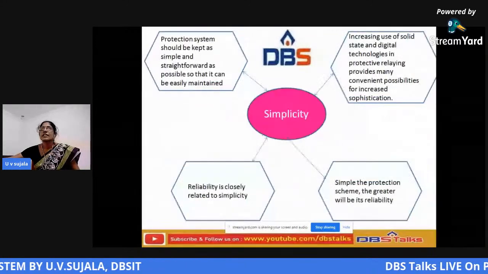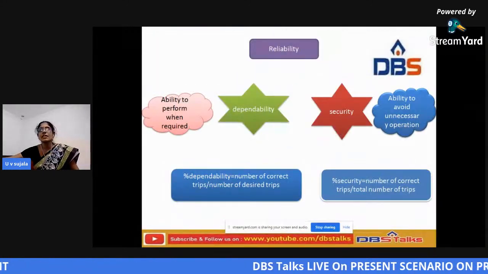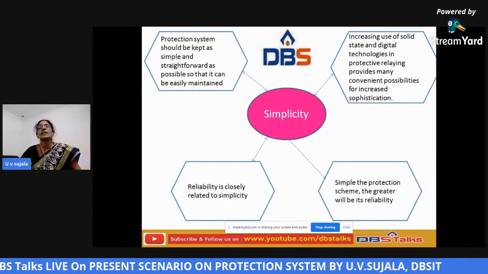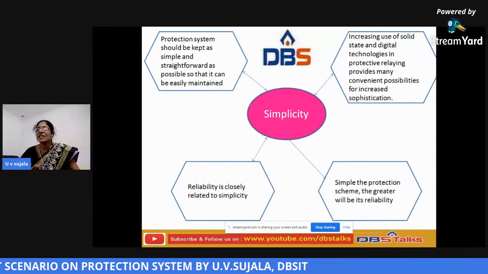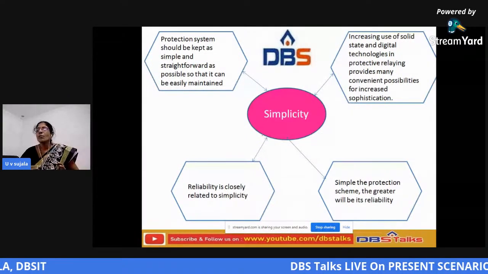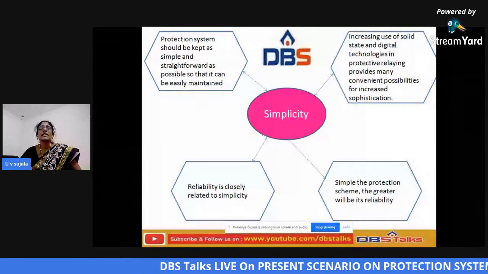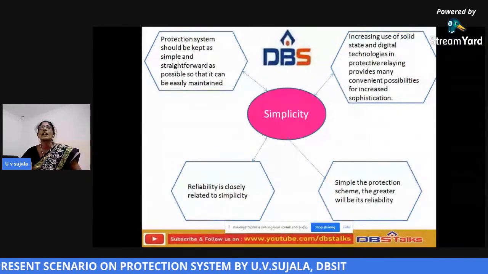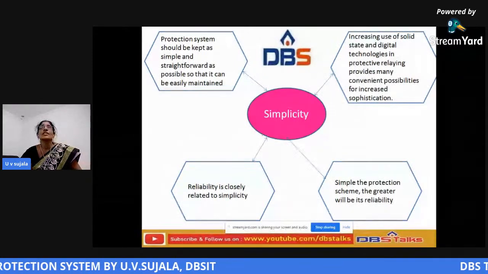The next one is simplicity. So what is simplicity? Devices must minimize protection equipment. The protection system should be kept as simple as possible so that it can be maintained.